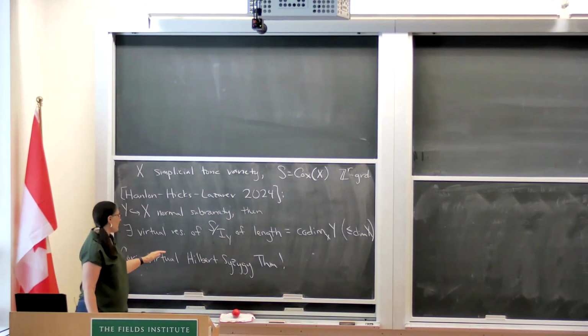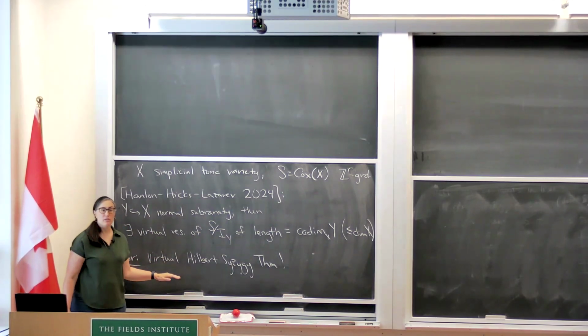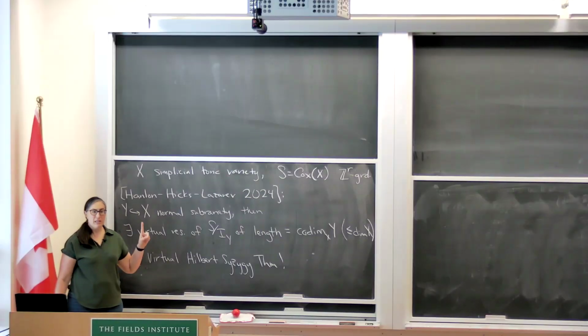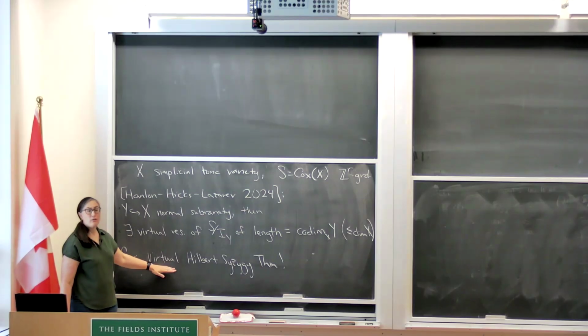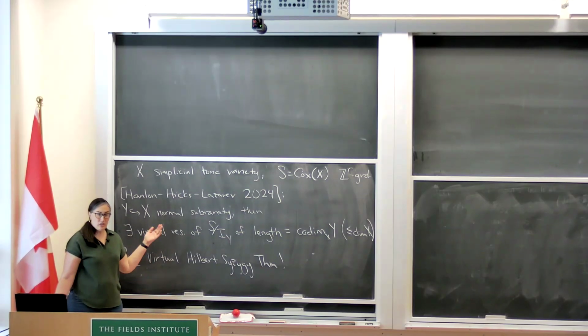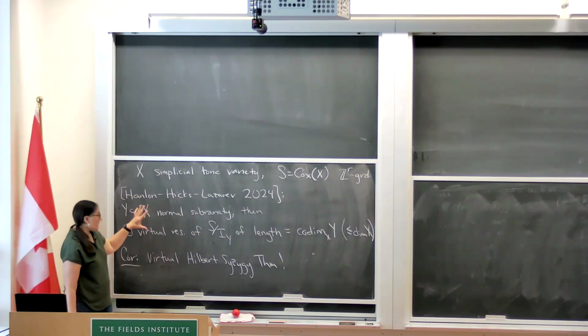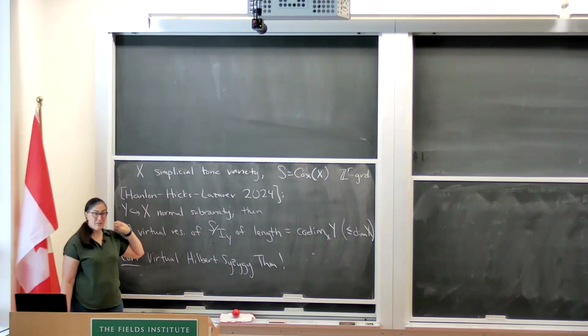When we first started looking at virtual resolutions, we being me, Daniel Erman, and Greg Smith, we were able to prove this just for products of projective spaces, but we didn't know how to do it in general. These folks are not commutative algebraists. This is kind of cool. They are mirror symmetry people who do a lot of symplectic geometry.